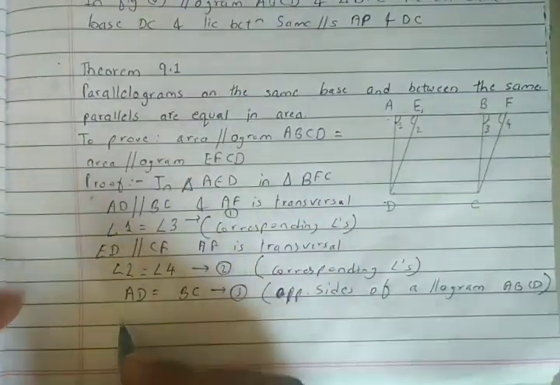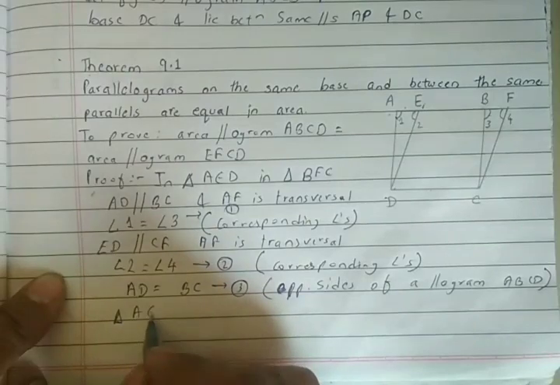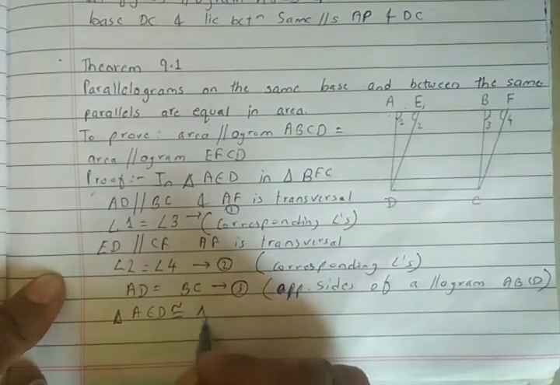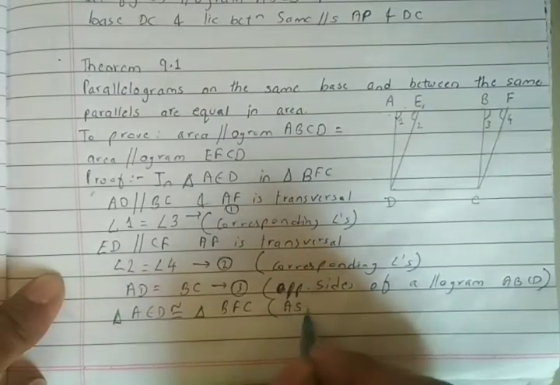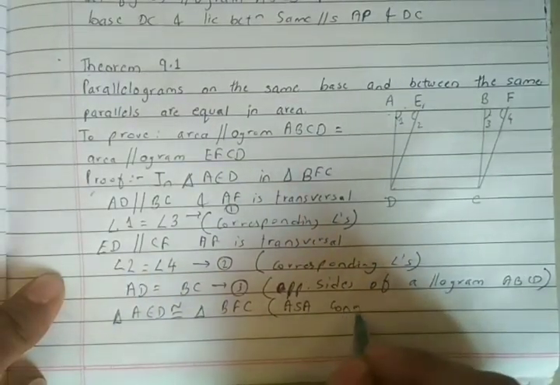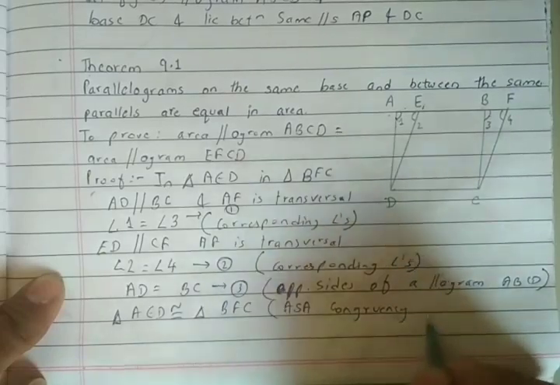So thus we have proved that triangle AED is congruent to triangle BFC by angle side angle congruency rule.